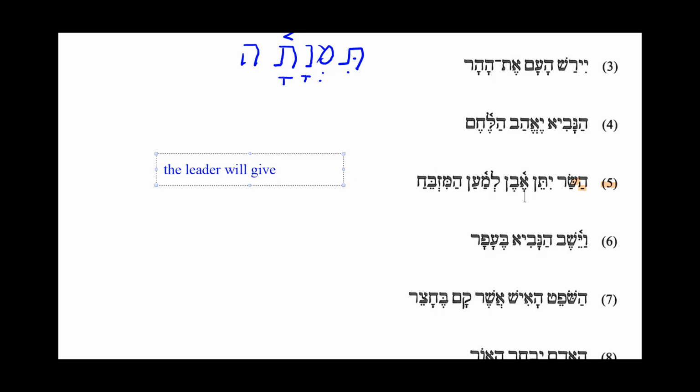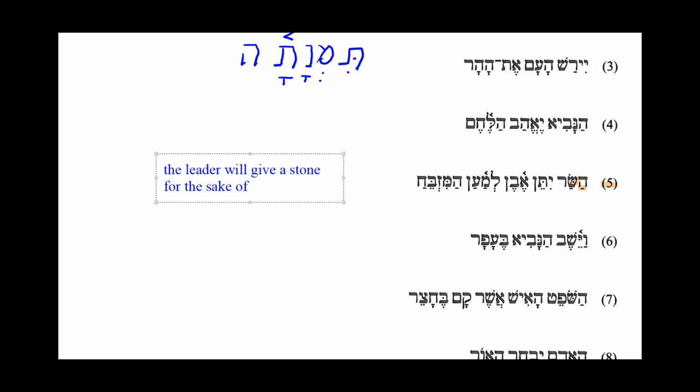Okay, we come to Even. Even is a stone. The leader will give a stone. English has an indefinite article. Hebrew does not. And then we have lema'an, and that means on account of, for the sake of, and then we have hamizbeach.